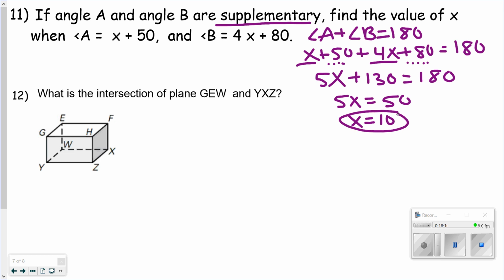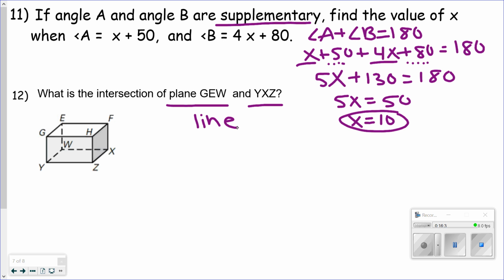All right, number 12, what is the intersection of plane GEW and plane YXZ? This was also missed a lot on the quiz. When two planes intersect, their intersection is a line or a segment. So we want to look for that line or segment that we see.